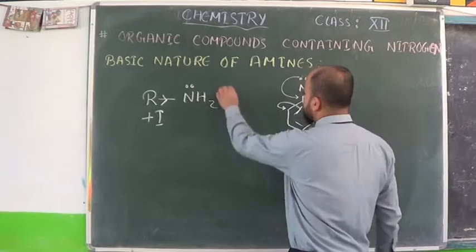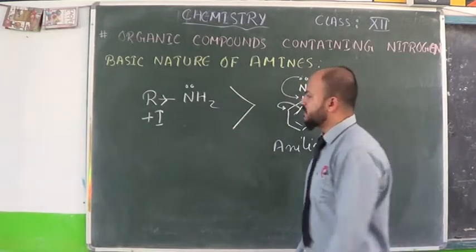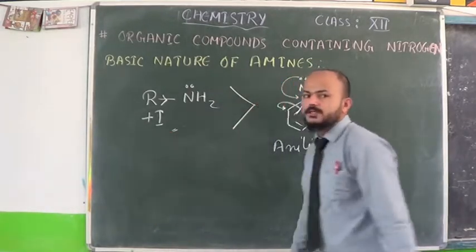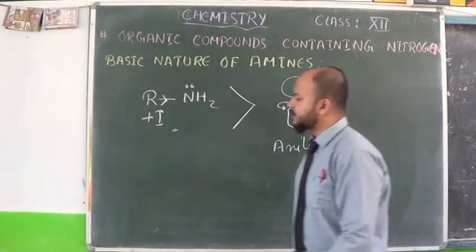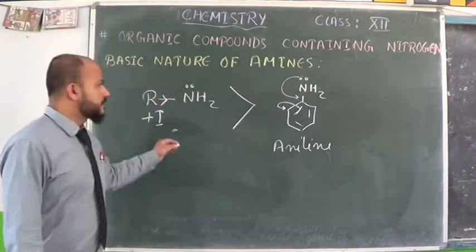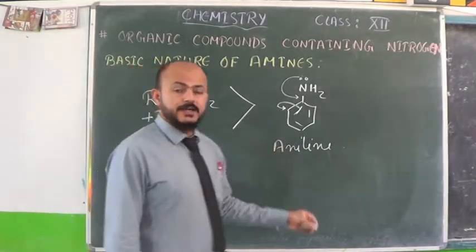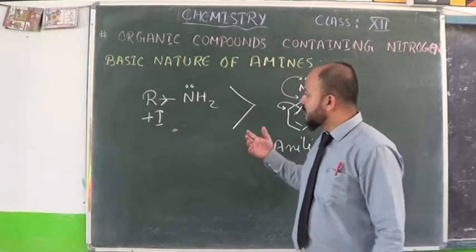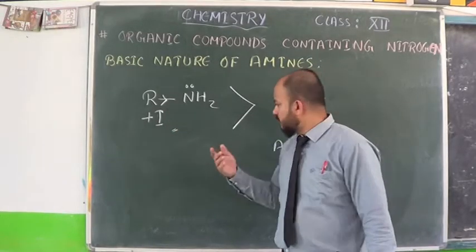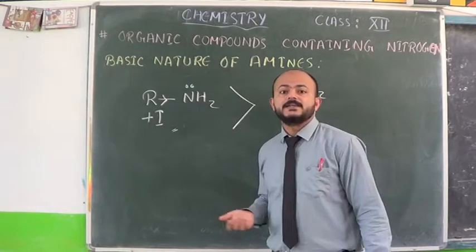Hence, the basic strength of aliphatic amine will be more than that of aromatic amines. This is very important and you have to remember the factors that are responsible for their basic strength.